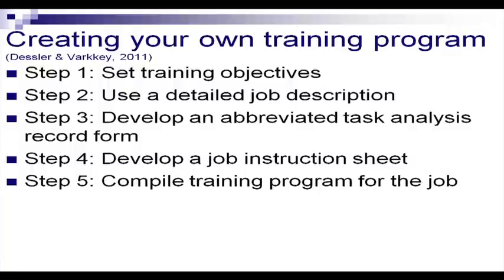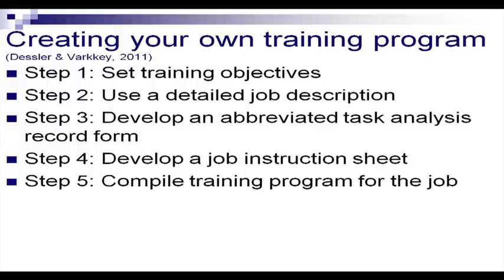Then you develop an abbreviated task analysis record form where you list whatever needs to be done in order to make the trainees more effective, or to help them improve their performance. Develop a job instruction sheet and then compile the training program for the job.